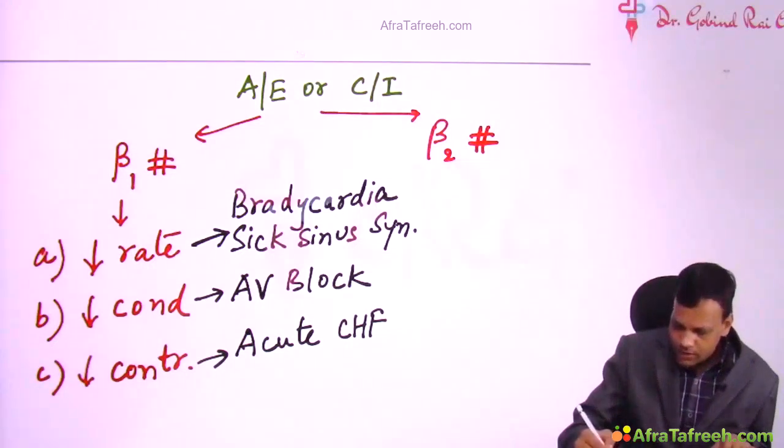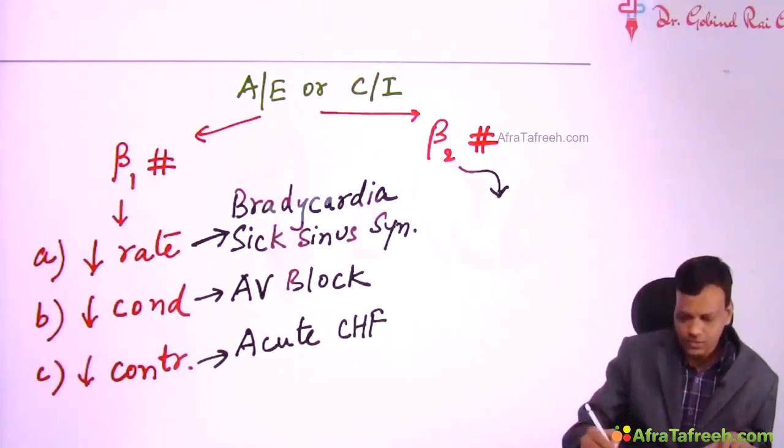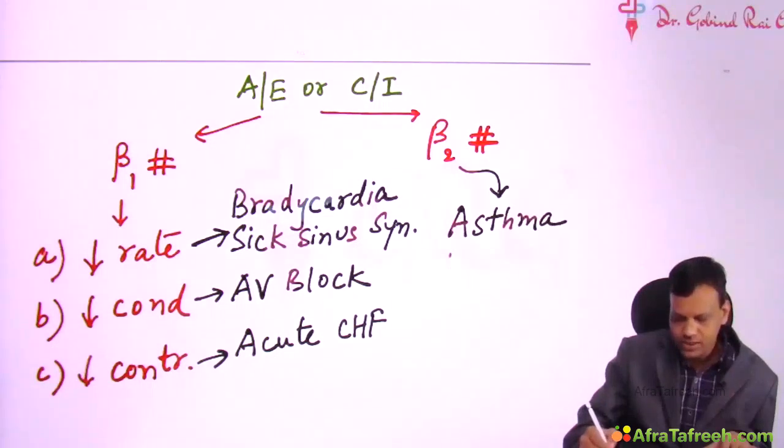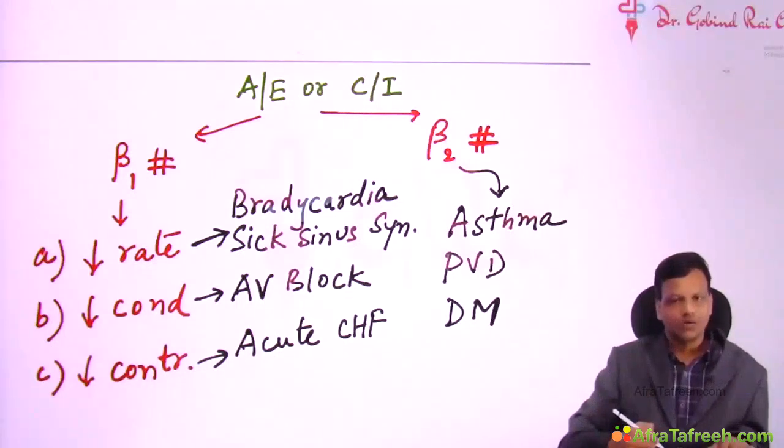Now we discussed beta 2. Beta 2 we will not like to block in three conditions, that is asthma, peripheral vascular disease, and diabetes. So beta blockers are contraindicated, particularly non-selective, in asthma, diabetes, and peripheral vascular disease.